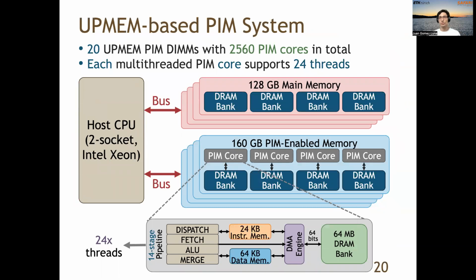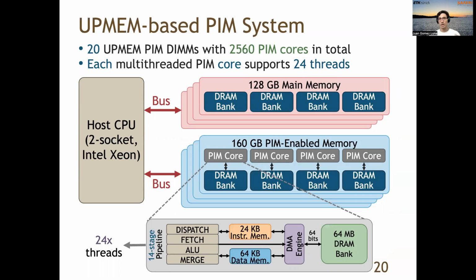In this work, we use a real PIM system from UPMEM with more than 2,500 PIM cores. Remember that this PIM system has a main memory that can be accessed by the host processor, as well as the PIM-enabled memory with a maximum of 160 gigabytes of PIM-enabled memory. And inside each of the DIMMs, we have 16 chips typically.